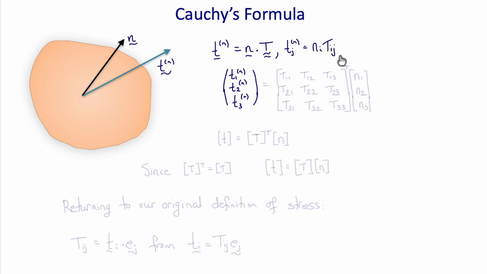If we were to write this out in matrix notation, we would say that the three components of the traction vector acting on the unit surface with unit normal n is equal to the 9 components of the stress tensor times the unit normal vector.